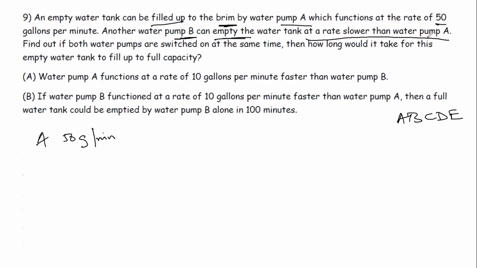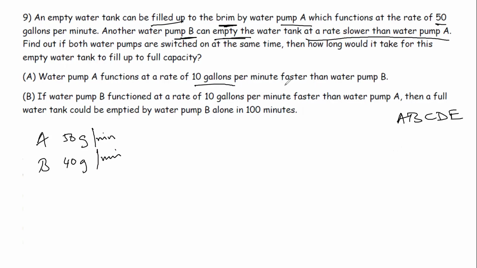Anyway, from statement A, we have to find out how long it will take for this empty water tank to fill up to full capacity if both the pumps A and B are switched on at the same time. Water pump A functions at a rate of 10 gallons per minute faster than water pump B. So we know that B is 40 gallons per minute, right?